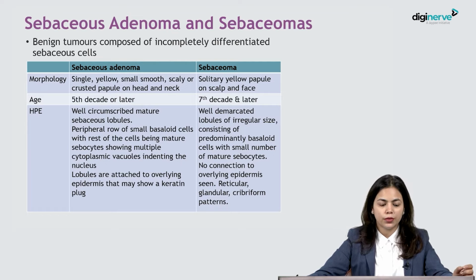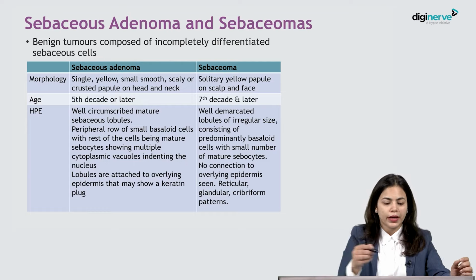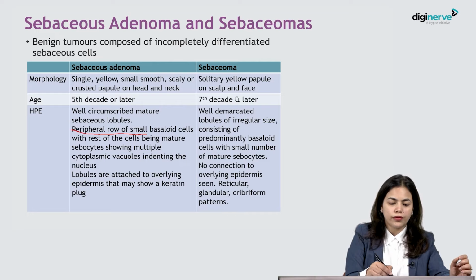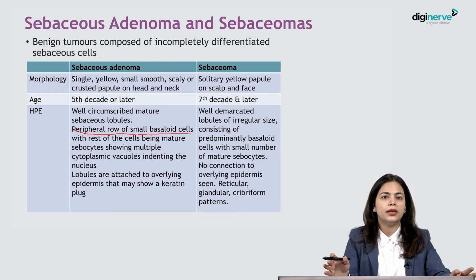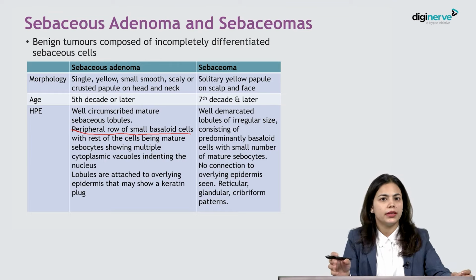In sebaceous adenoma, we have well circumscribed mature sebaceous lobules. Now, these sebaceous lobules have a peripheral row of small basaloid cells with the rest of the cells being sebocytes. How do we identify sebocytes? They will have multiple cytoplasmic vacuoles that will be indenting the nucleus.